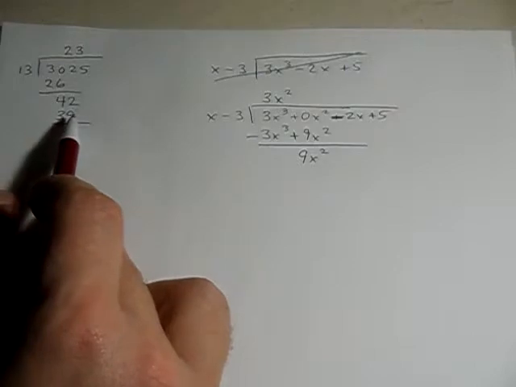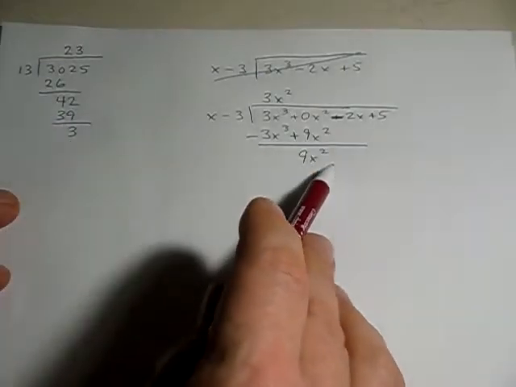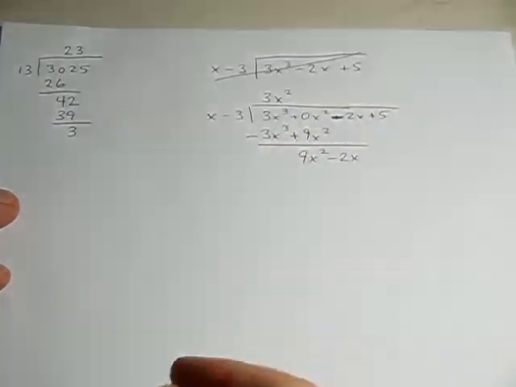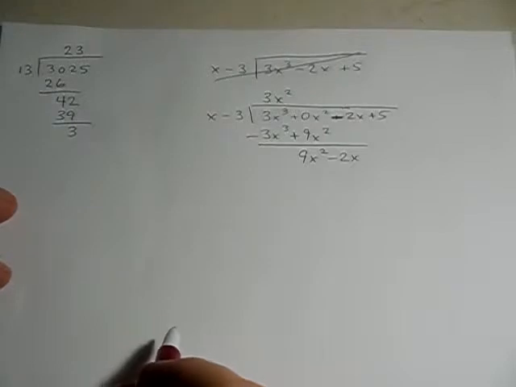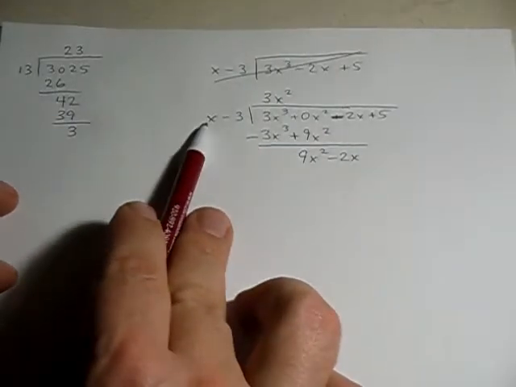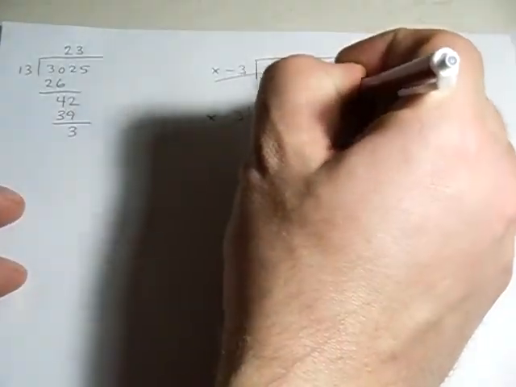So we divided, we multiplied, and then we subtracted. Same thing over here. So bring down the next term, which is a minus 2x, and then divide, multiply, and subtract. So 9x squared divided by x reduces the power of x. We get 9x.